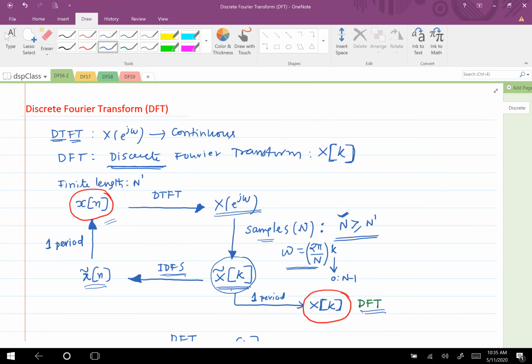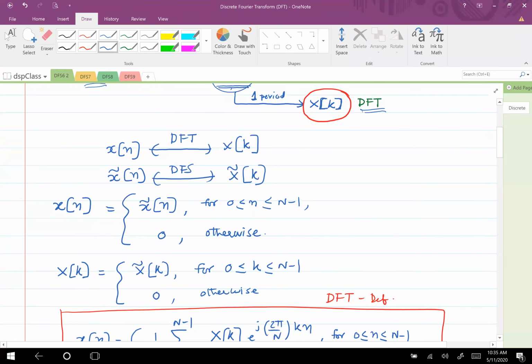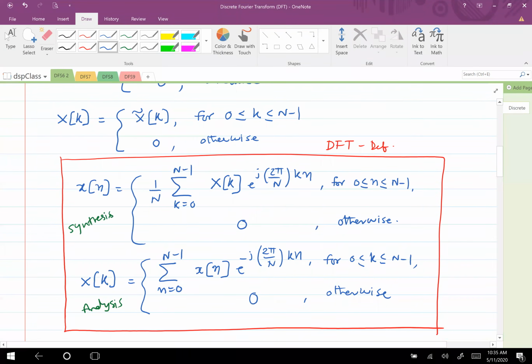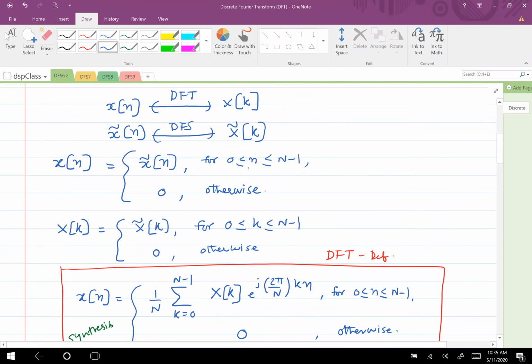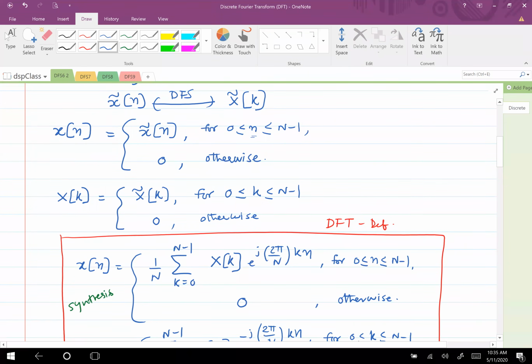So if you want me to put it slightly differently, you treat x of n as if it is periodic by repeating it, and just restrict yourself to one period of the signal. That's another way of looking at this. So x of n is equal to one period of x tilde of n, and for all the rest of the values of n beyond this length N, it is 0.